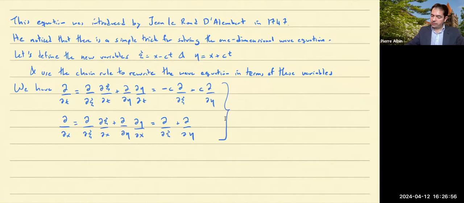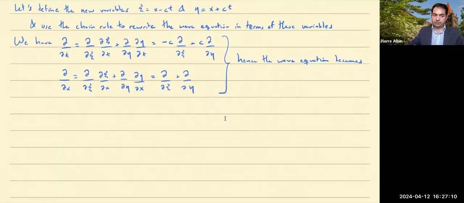So if you put these together, then the wave equation becomes, well, we start with the second derivative with respect to t of u. So that's equal to, so d by dt squared.